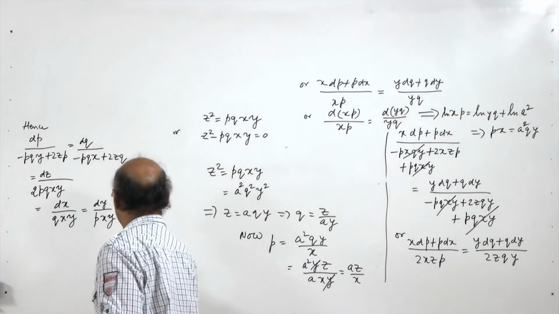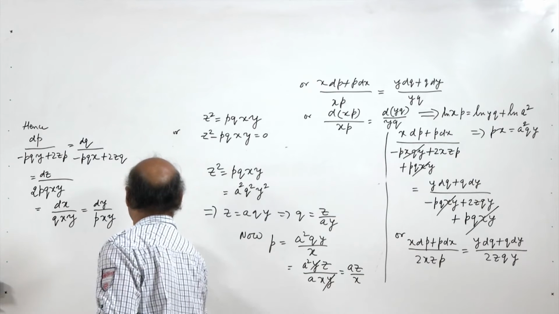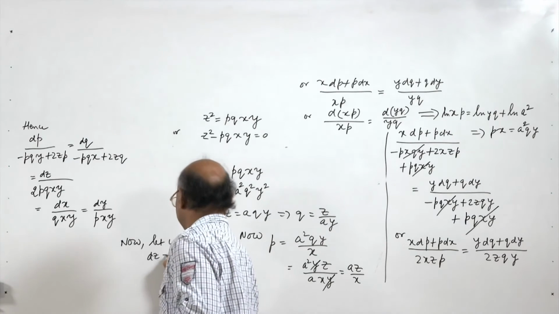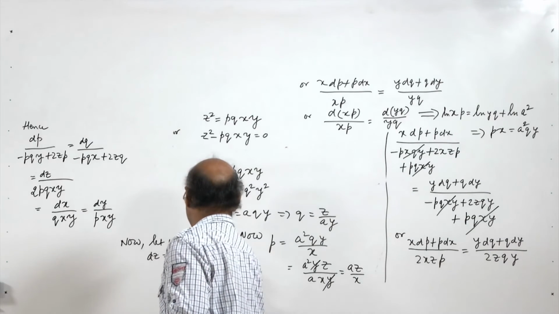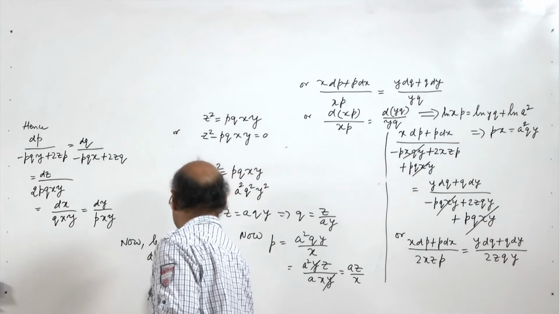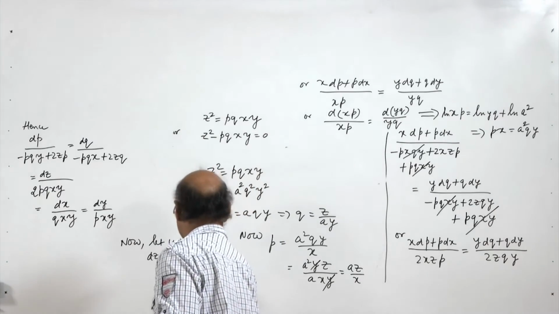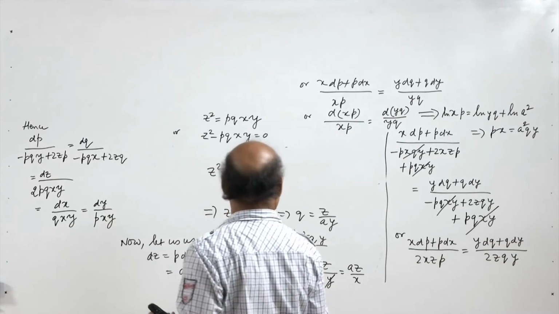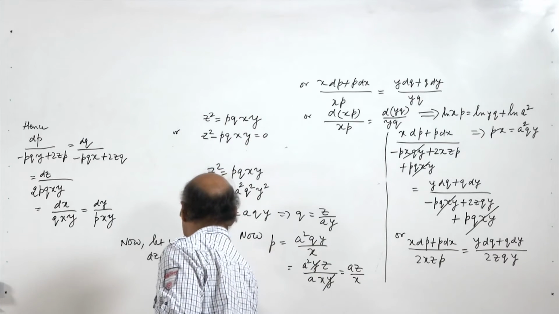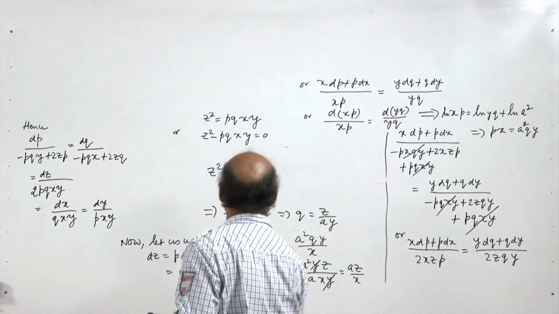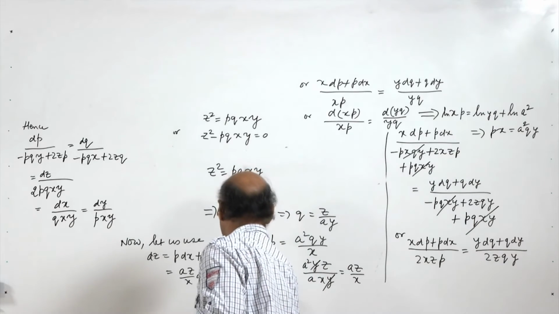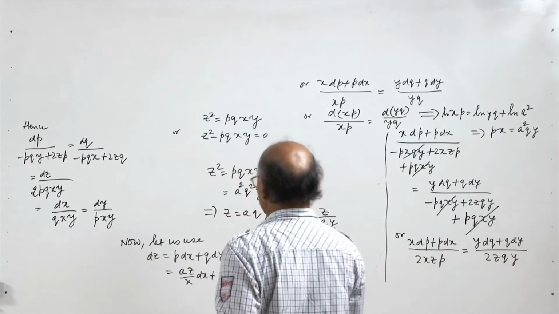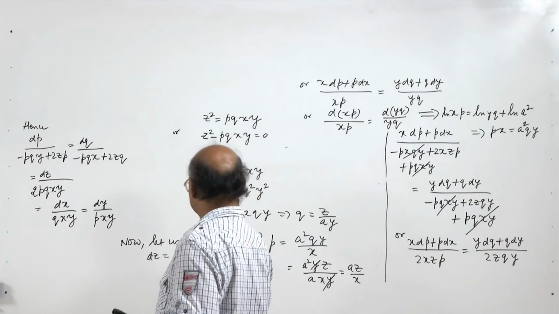Now let us use dz = p dx + q dy. So p is az divided by x, dx, and q is z over ay, dy. Now we can divide this equation by z.